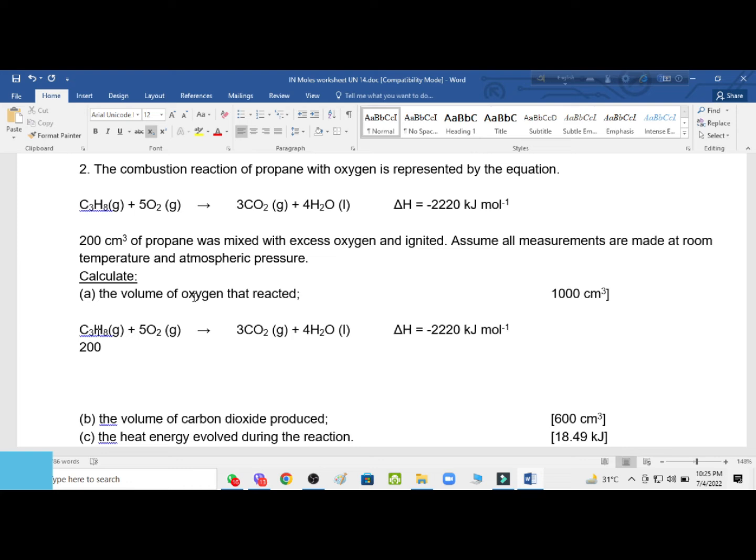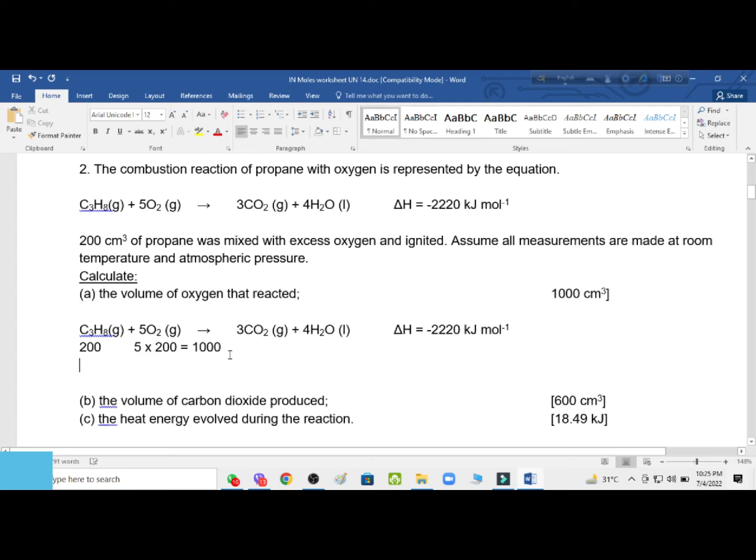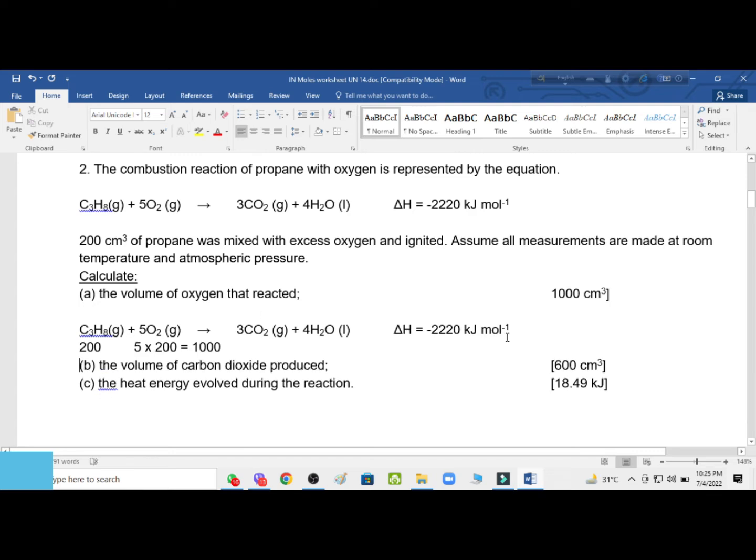So what's the ratio of volume? 24 is to 5 into 24, which means 1:5. So mole ratio and volume ratio are the same. You don't need to calculate mole, just use the ratio, which is 5 times. 5 times 200, what do you get here? 1000. So that's the answer of the first question.